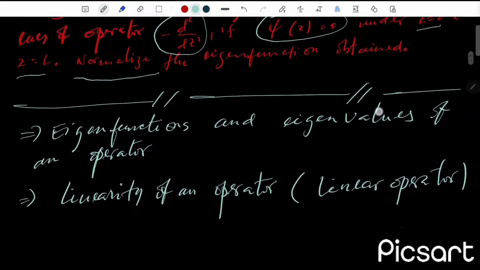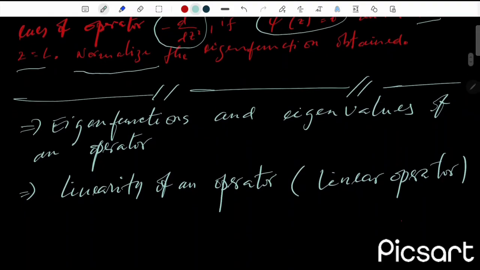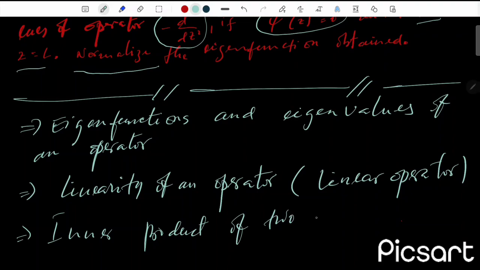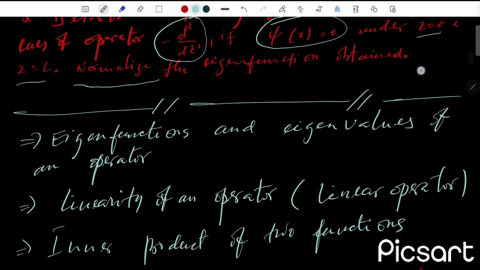And we must talk also about the inner product of two functions.